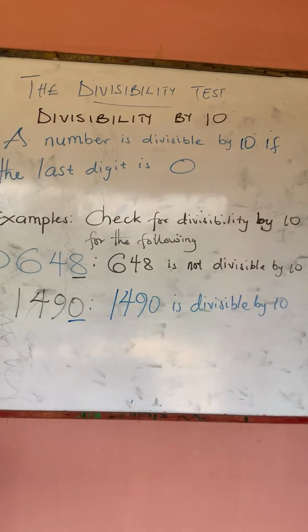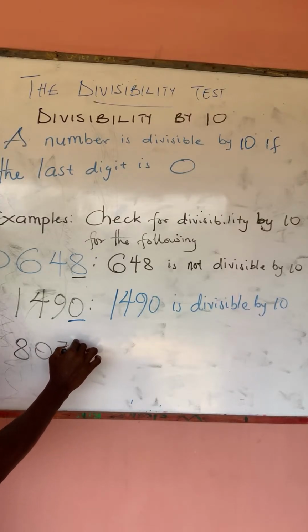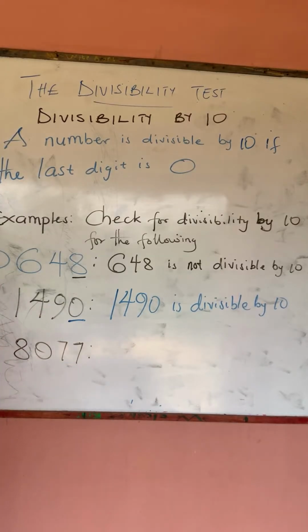Alright, now the last example, 8,077. So what's the conclusion here? Let's work out the conclusion for 8,077.